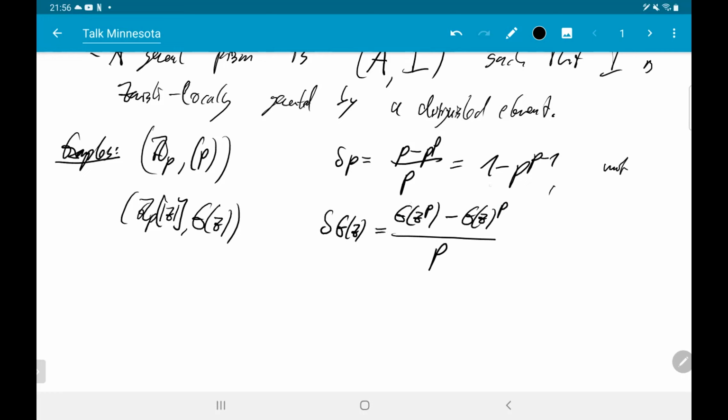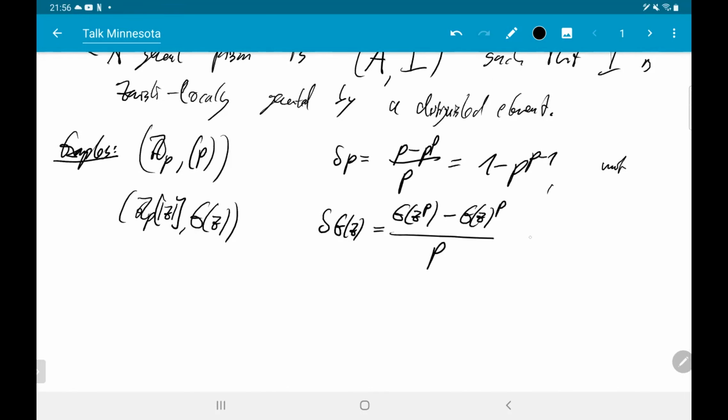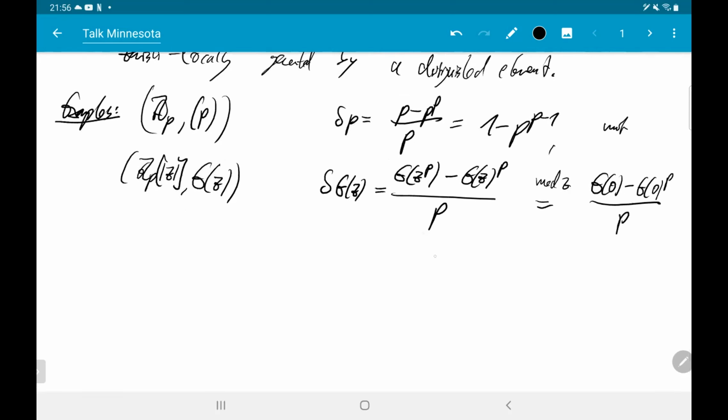And now, whatever this is, it's mod z equal to (E_0 - E_0^p)/p. So again, if E_0 is some unit multiple of p, as that's one of the conditions for being an Eisenstein polynomial, then again, this is a unit. And since we're complete with respect to z, that implies that this is a unit as well.